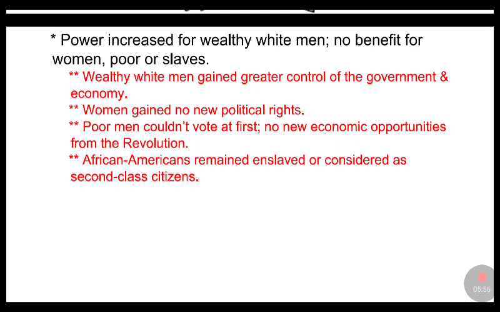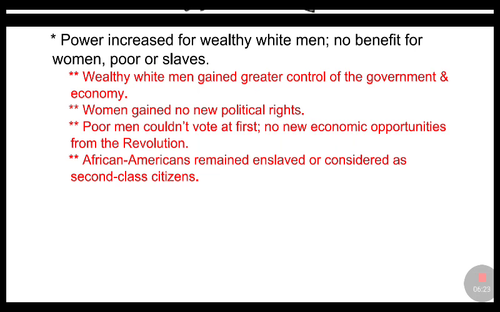So this upper class group leads the revolution. They gain support from the lower classes, from the poor. They gain support from, of course, the women. They gain support from even natives and Africans. But once they're in charge, when they give freedom and equality and rights, they just give it to themselves.